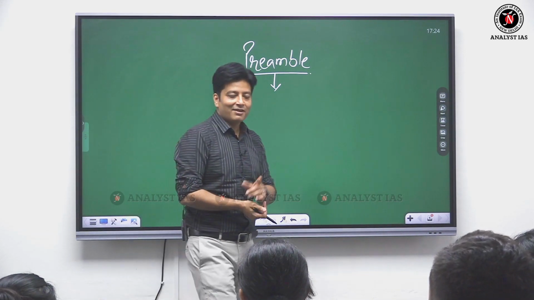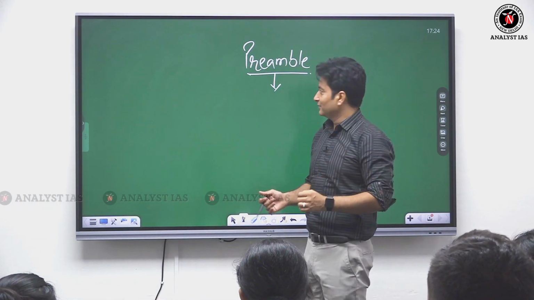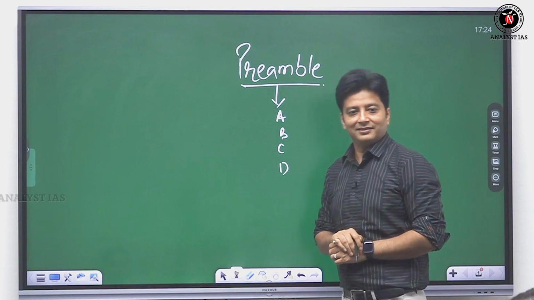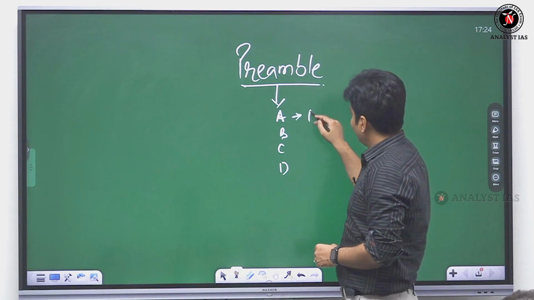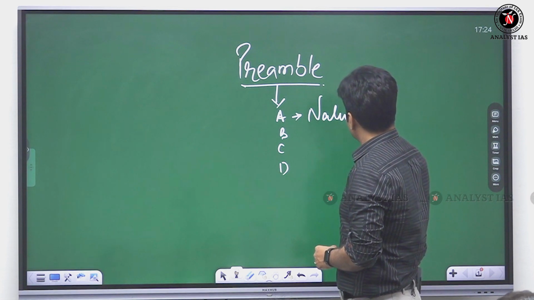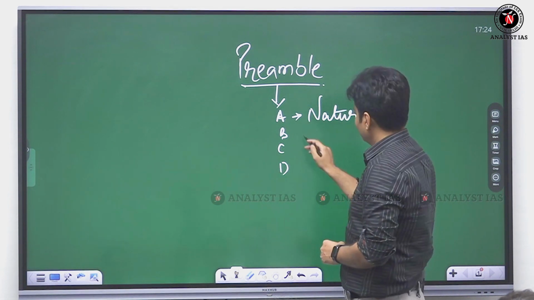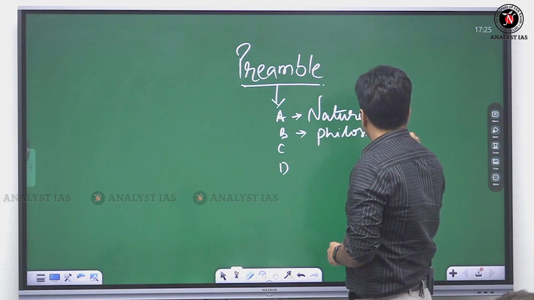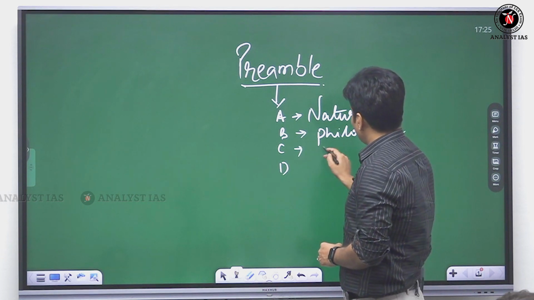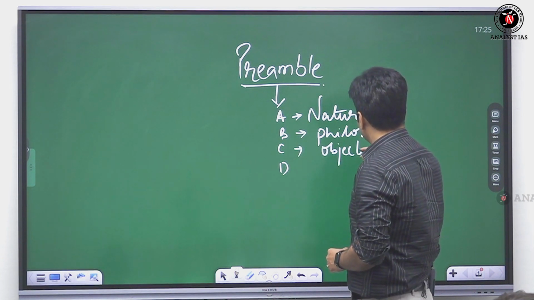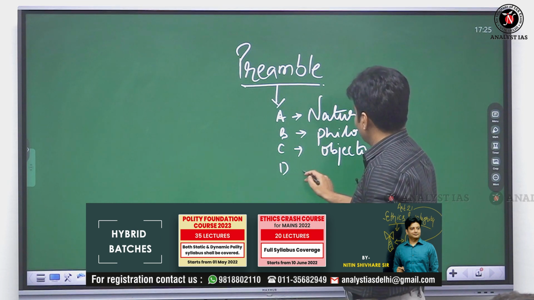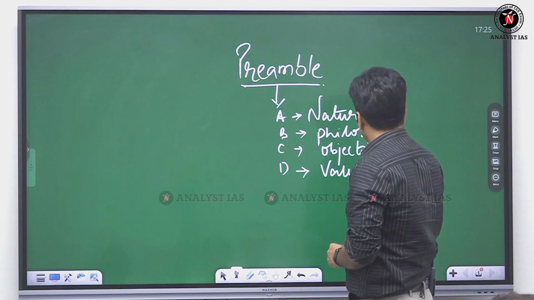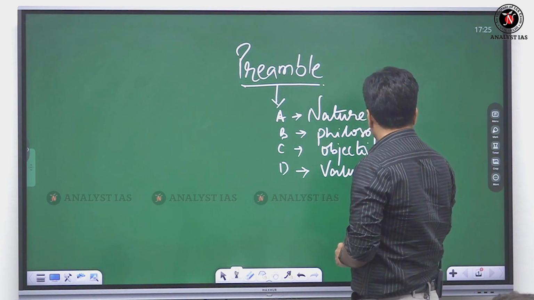But if I ask you a question to begin with, that preamble deals with: A, nature of the constitution; B, philosophy of the constitution; C, objective of the constitution; and D, value premise of the constitution.